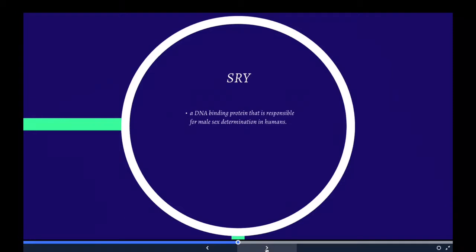SRY is an intronless sex determining gene of the Y chromosome in therians, which are placental mammals and marsupials. Mutations in this gene lead to a range of sex-related disorders with varying effects on an individual's phenotype and genotype.